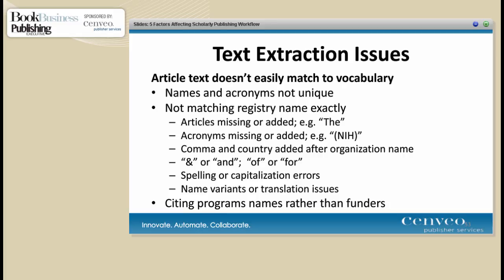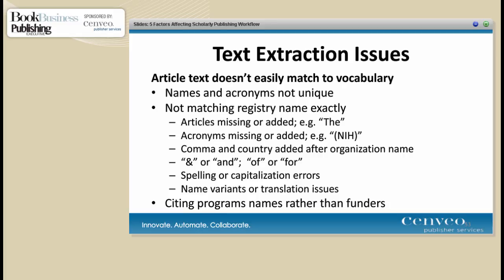Some of this can be addressed by algorithms, and some of it has to be resolved by human review. But the bigger challenge is that authors in their acknowledgments can cite a funding program name rather than the funding agency name. For example, citing 973 program, which is an activity of the Chinese Ministry of Science and Technology, but it is not an organization name, it is a program name, so it's not in the funder registry.